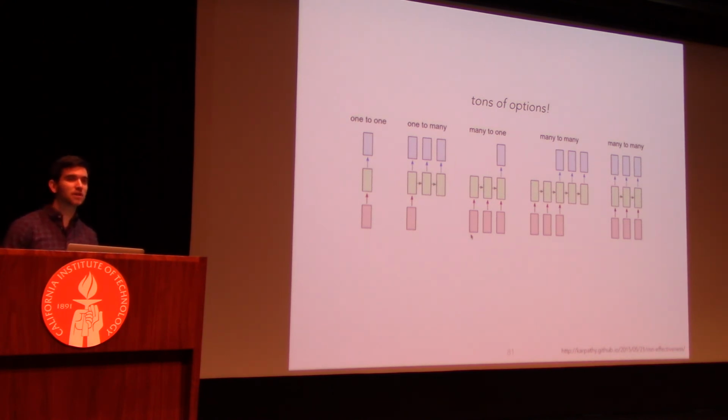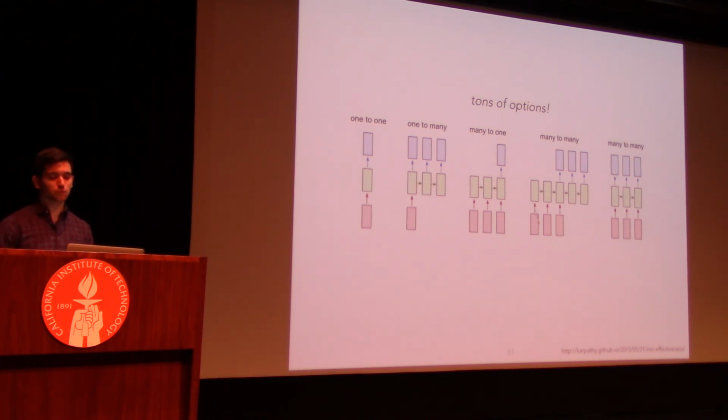Or maybe I give you an entire sequence and you want to classify one thing, like was this a positive review for the movie, or was this a negative review for the movie? I give you the sequence and then you tell me the answer at the end. Or maybe I have a sequence of English text and I want to translate it into French text.